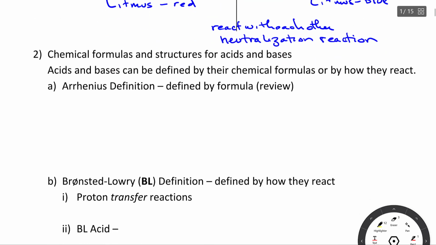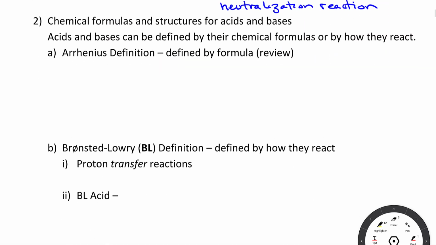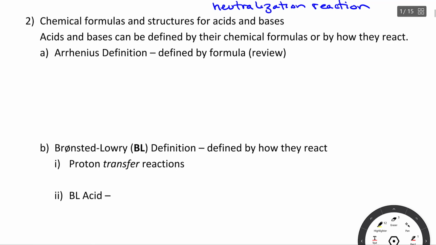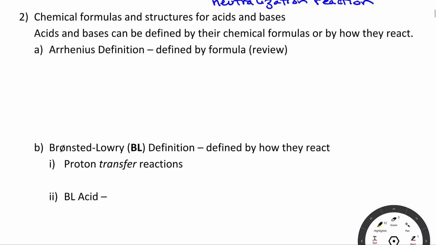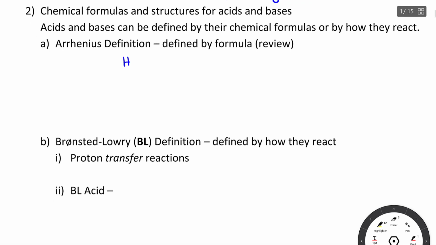There are a couple of different definitions of acids and bases that we've discussed before, and one is new for this chapter, and it's the one we'll primarily use from here on out. But the Arrhenius definition is essentially the definition we used before. An acid is defined by its formula as having hydrogen in it and an anion, and when you put it in water, it produces hydrogen ion, H plus and Cl minus, and these would all be aqueous.